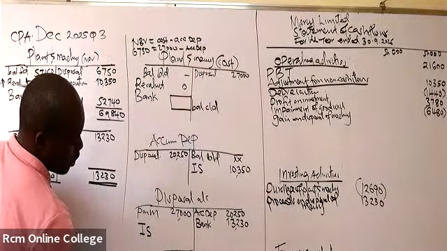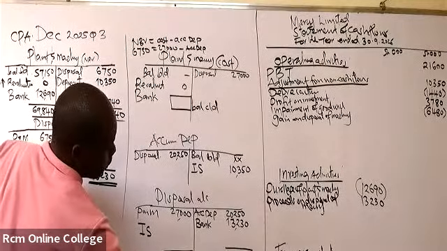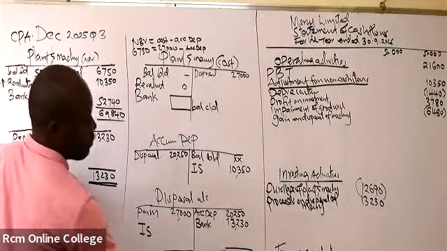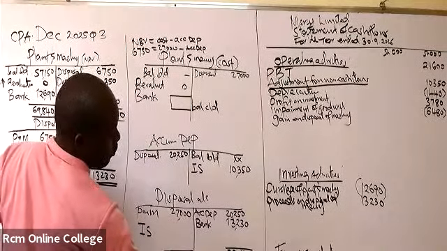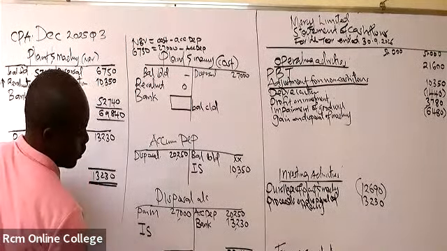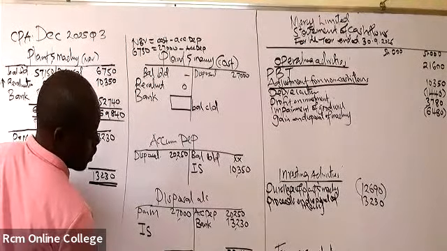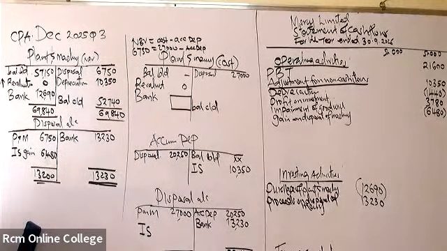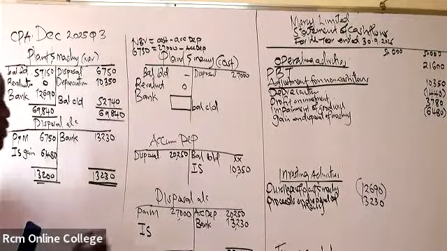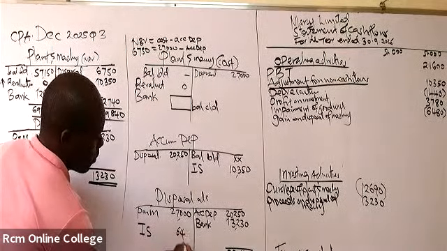My question will be, how much is this balancing figure? Because this one here will be 33,480. Good. So how much is this balancing figure? $64.80.